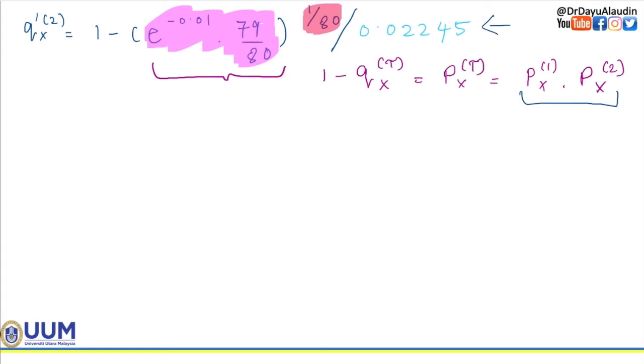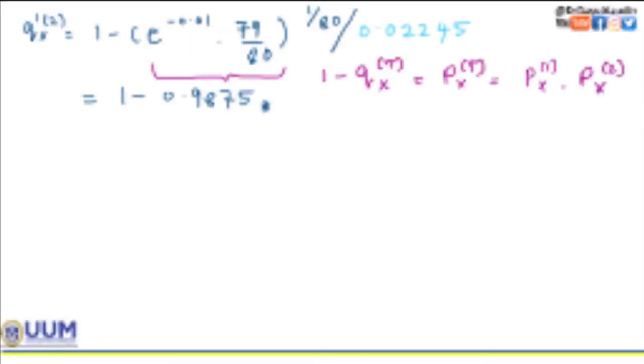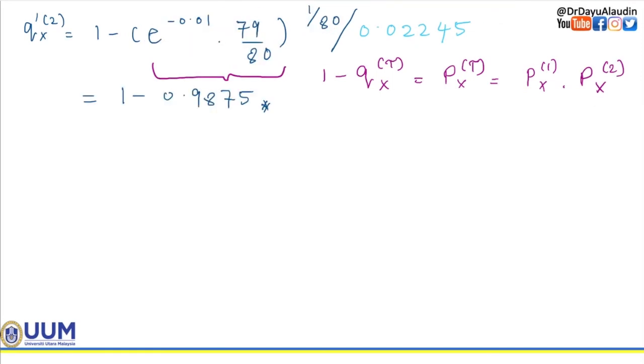So we take from the previous one. Then we substitute the values and we get 1 minus 0.9875. So from this we can get px2 prime is equal to 0.9875.